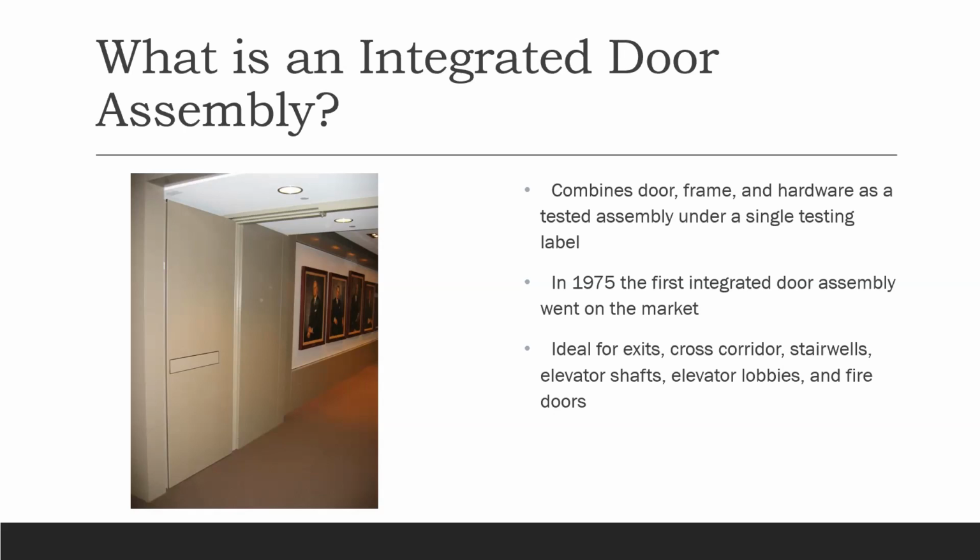So in a conventional door, or doors that wouldn't be considered integrated, you would essentially need to have labels on each piece of hardware because it's not been all tested together. So the first integrated door assembly went on the market in 1975. And they would be ideal for exits, cross corridors, stairwells, elevator lobbies, elevator shafts.